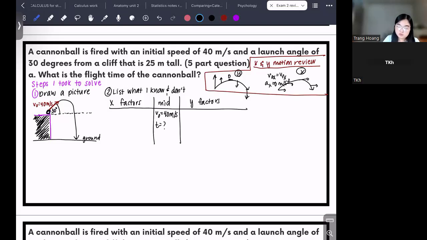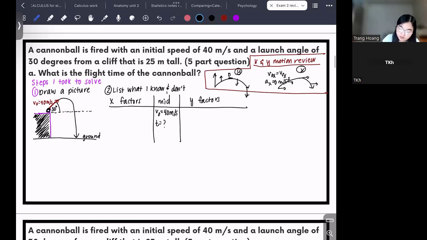Our Y factors, once again, I'm going to draw that triangle that we had earlier for V0, 40 meters per second. And we know we have V0y and V0x. And this angle is 30 degrees. Okay. And so if we do think about it, we do know V0y, because we look at this is our opposite, and we have our hypotenuse.